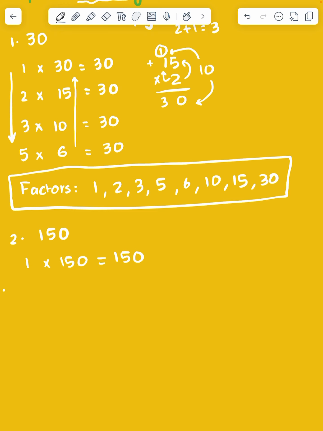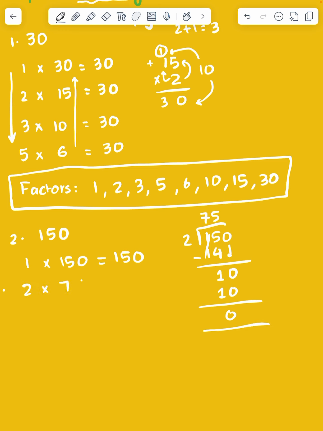Moving down, if you want to know is 2 a factor of 150, simply divide 150 by 2. 2 times 7 is 14. 5 minus 4, 1. 1 minus 1 is just 0. 0 comes down. 2 times 5 is 10, and 0. So 2 times 75 gives you 150.